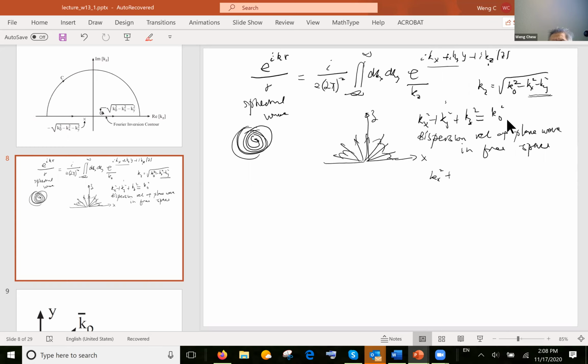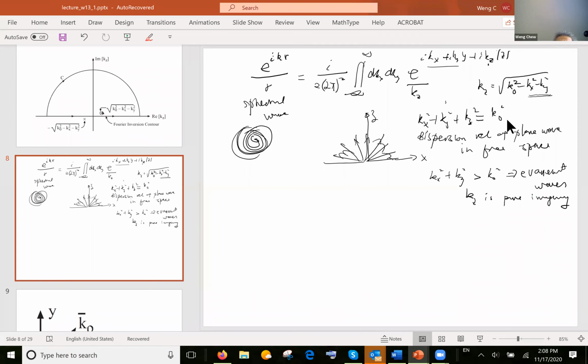When kx squared plus ky squared is larger than k naught squared, because you're integrating over all possible kx and ky values, then you actually have evanescent waves, because kz becomes pure imaginary. So this integration summation is over all propagating plane waves as well as evanescent waves.